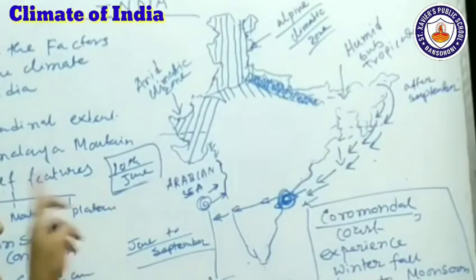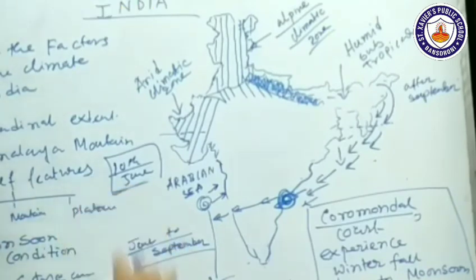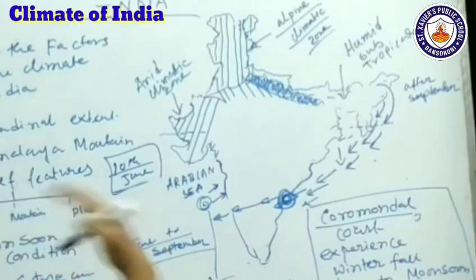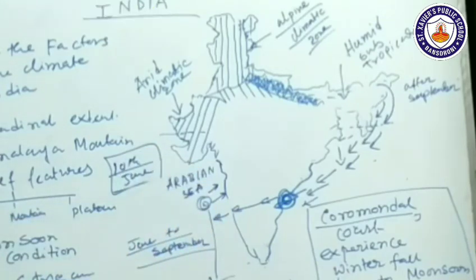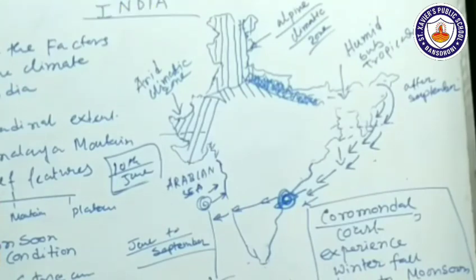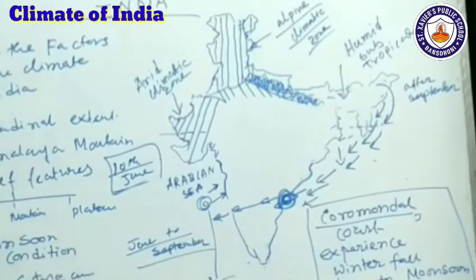But if the monsoon comes before 10th June, it causes high rainfall and results in flood activity. And if the monsoon comes one month later after the 10th June, the rainfall accumulation is not so high, and it affects the agricultural production, resulting in drought or famine situation over the Indian subcontinent. So these are the main factors which determine the climate of India.